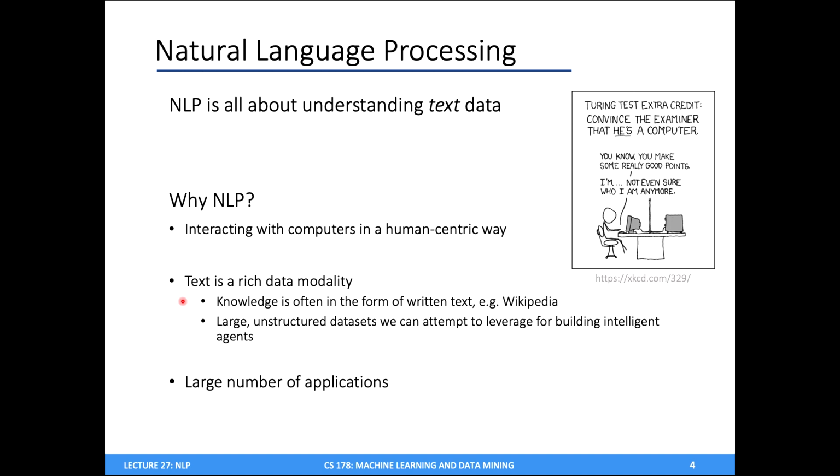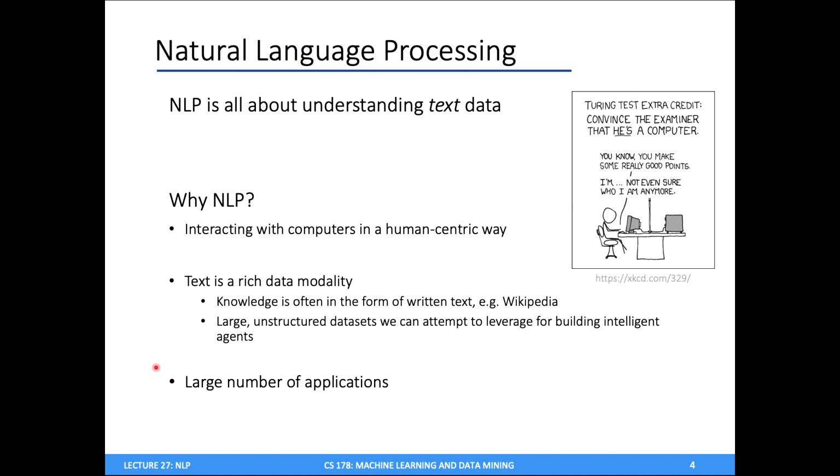For example, Wikipedia is not a structured database of rows and columns that we can easily plug into a machine learning algorithm. It's text that's meant for human consumption. So we have these really large unstructured data sets out there. Really the entirety of the internet is just a big data set of text. We might want to leverage these data sets to somehow build intelligent agents at the end of the day.